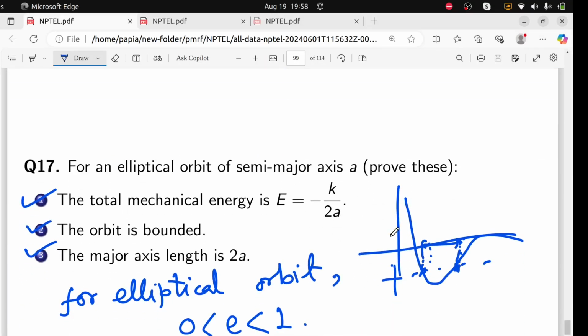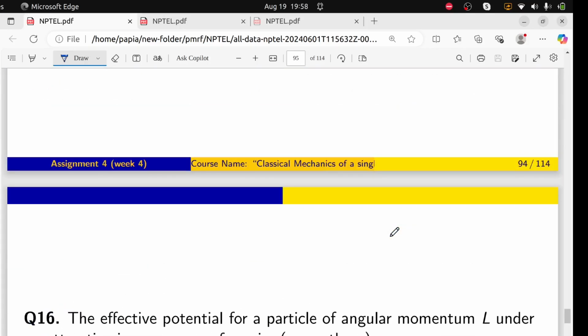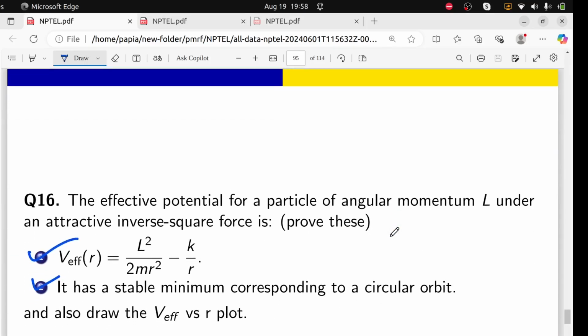This is the elliptical orbit of major axis 2A. The effective potential for a particle of angular momentum L under an attractive inverse square force is V effective equals L square by 2m r square minus k by r. It has a stable minimum corresponding to a circular orbit, and also draw the V effective versus r plot.